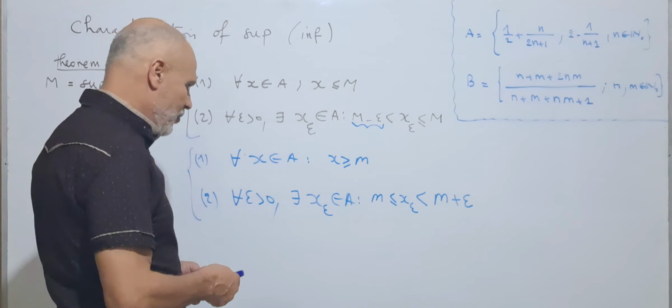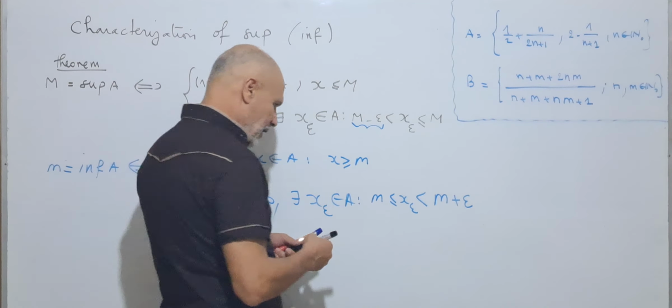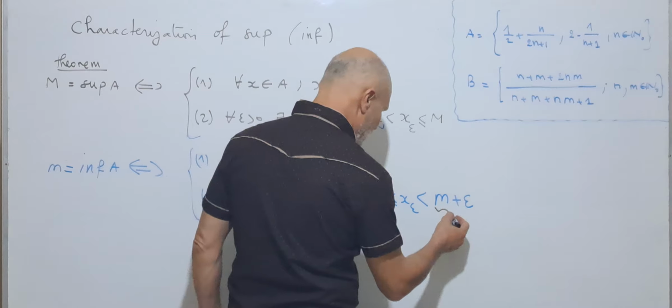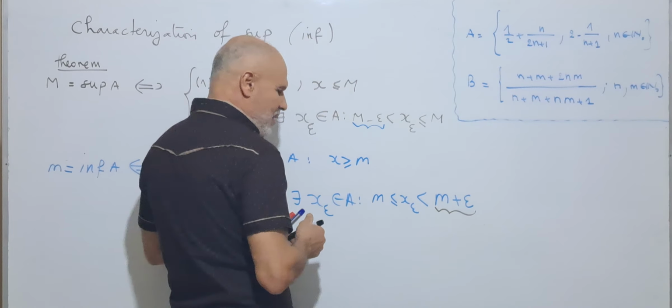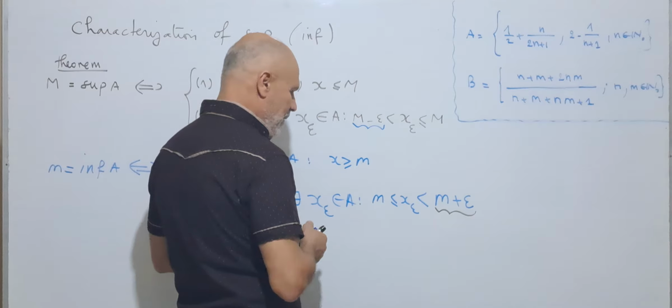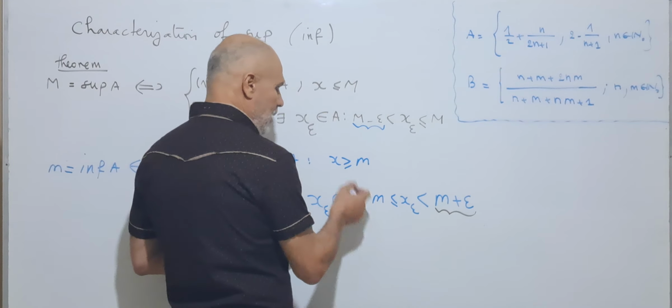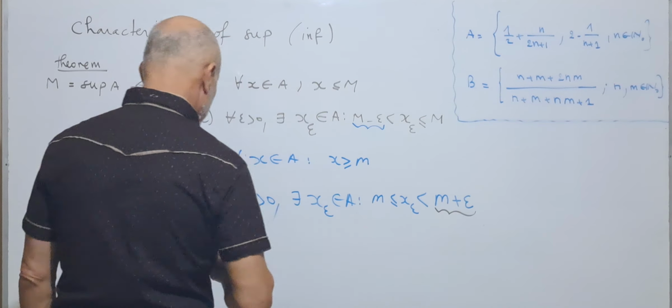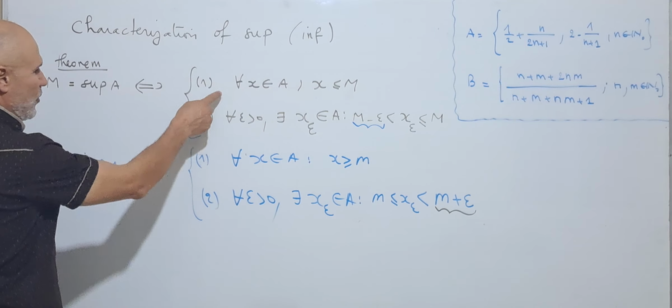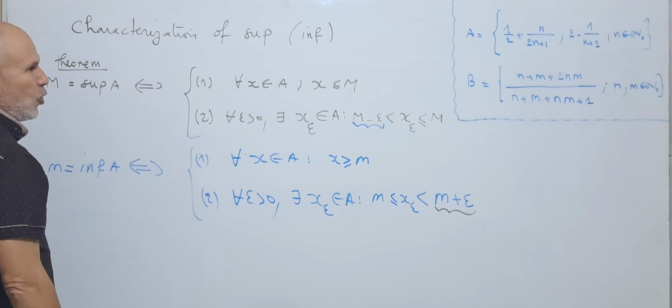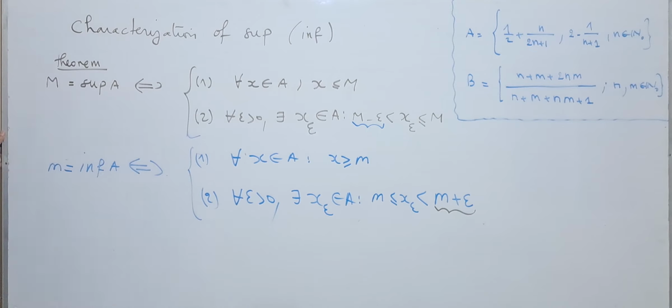This means that if we move just a little, m plus epsilon is no longer a lower bound. We usually use this characterization to prove things about supremum and infimum.